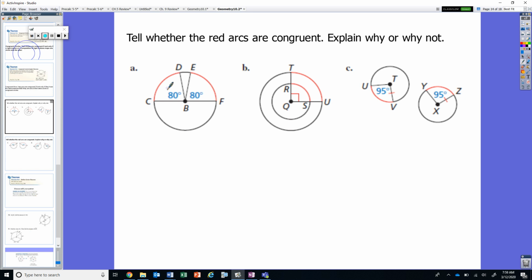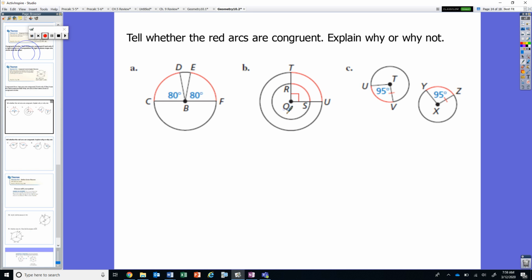With that being said, this angle 80 is a congruent central angle to this angle 80, and they are a part of the same circle. So if that's the case, of course the circles are congruent. Therefore, arc EF is congruent to arc DC in this example, okay?